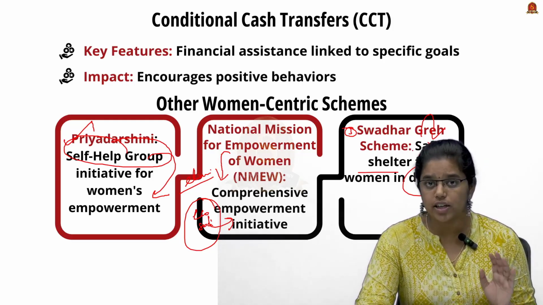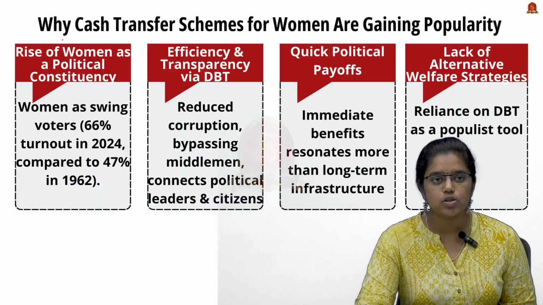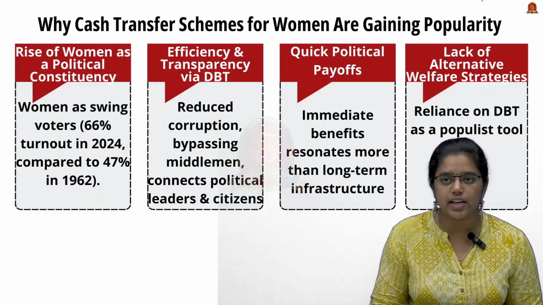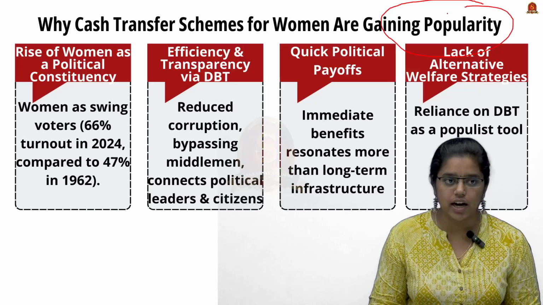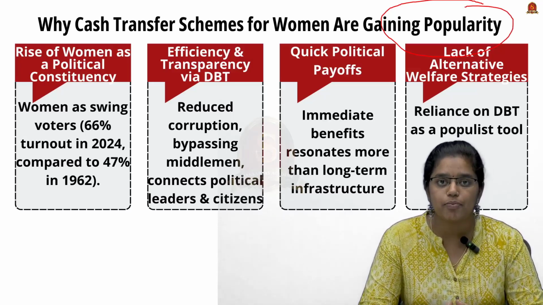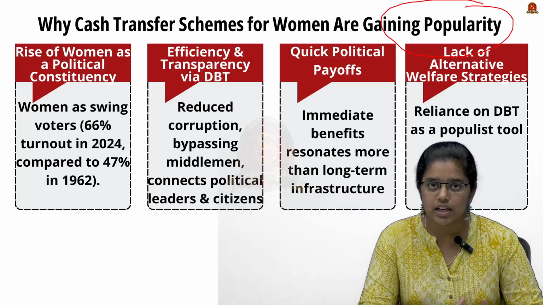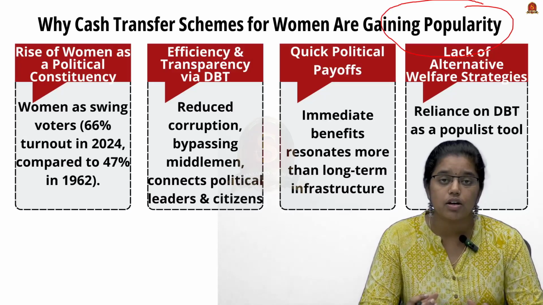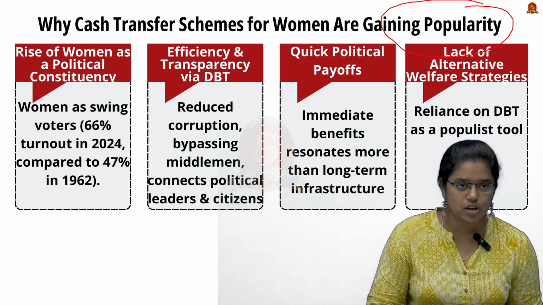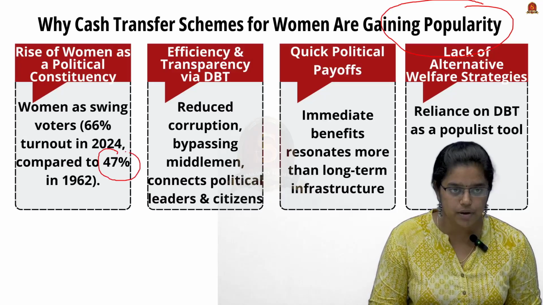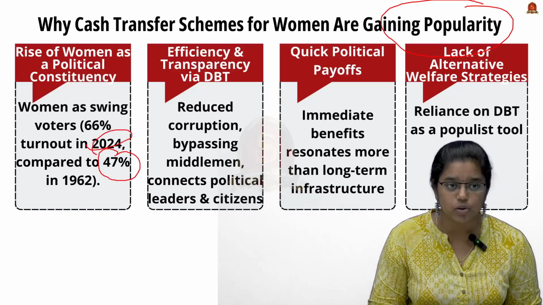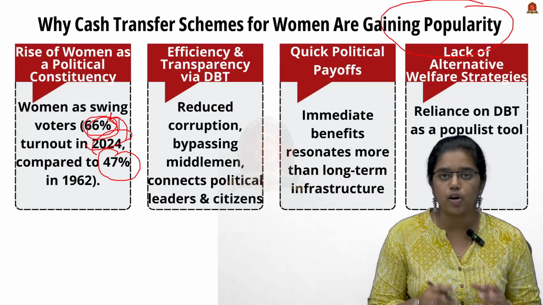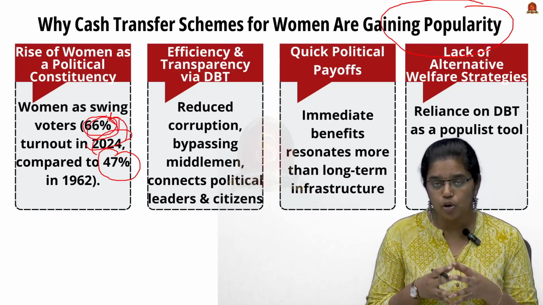We also saw the types of cash transfers. So why is it recently gaining popularity? Let's discuss that. The number of women voting has increased rapidly. In 1962, the voter turnout was only 47%, but recently the voter turnout has increased up to 66%, and they contribute a large share of the voters.